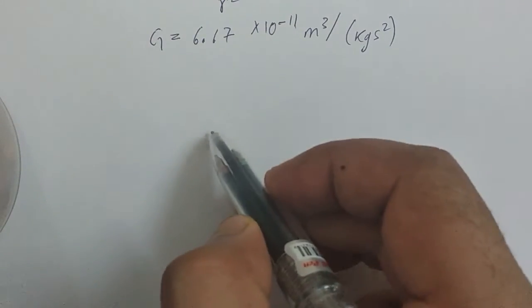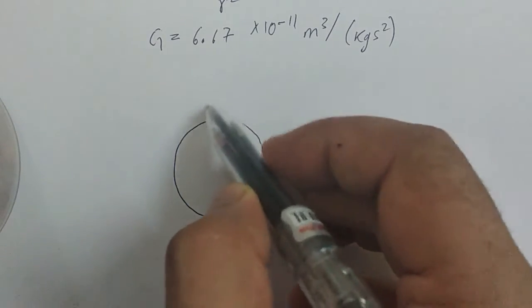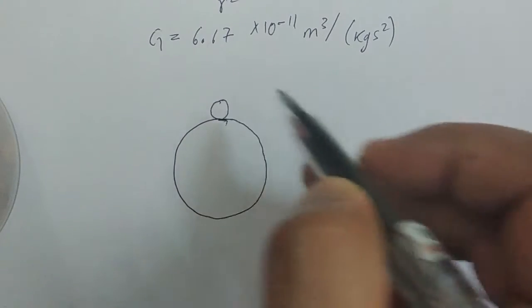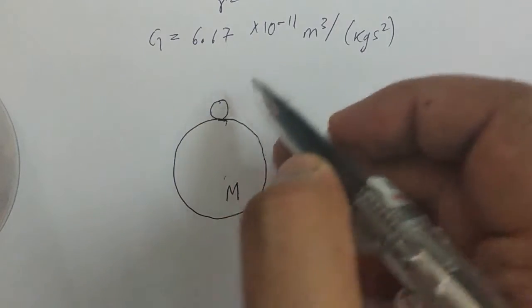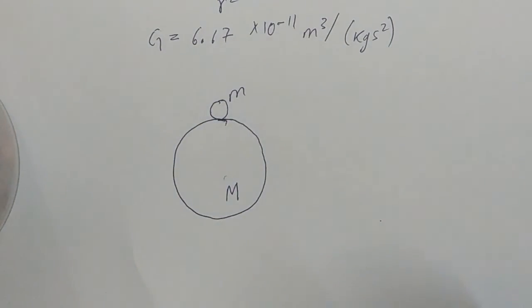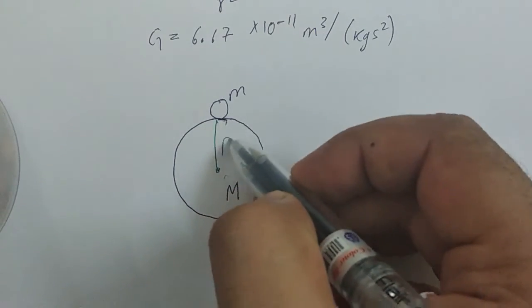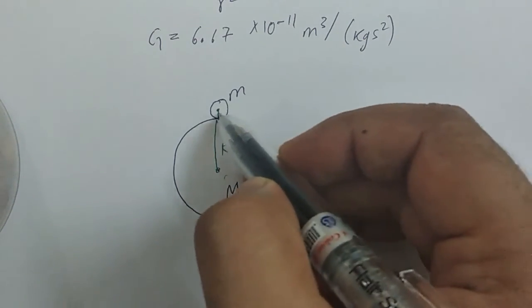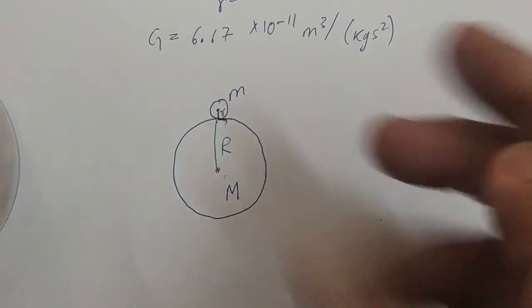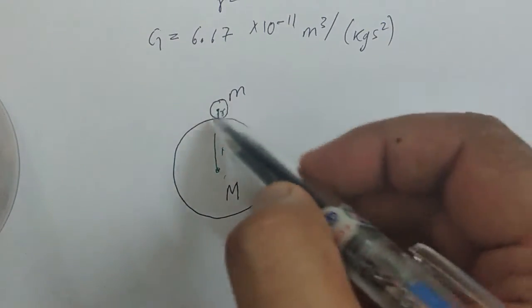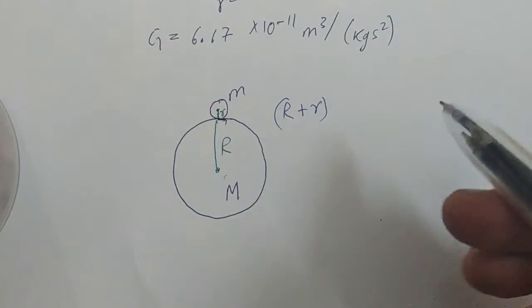Now let us consider the earth and an object on the surface of the earth. Let the mass of the earth be capital M and the mass of the object be small m. The radius of the earth is capital R and the radius of the object is small r. Now the distance between the small object and the earth is R plus r.